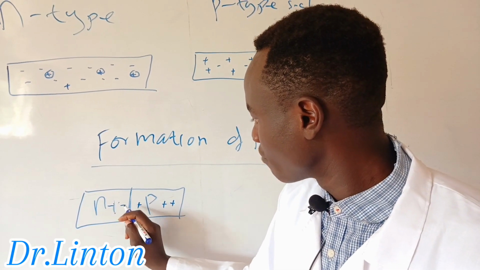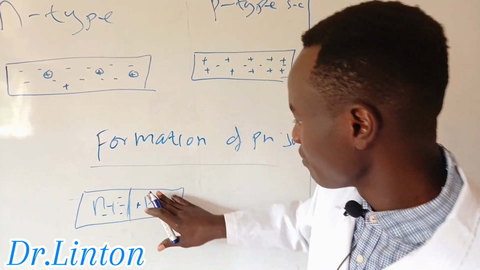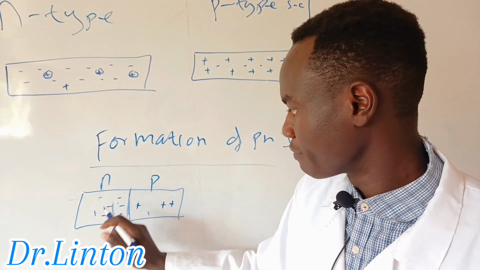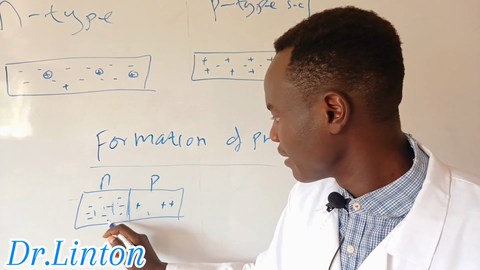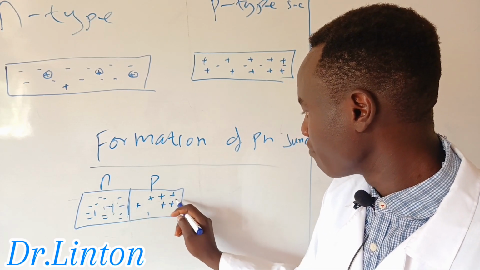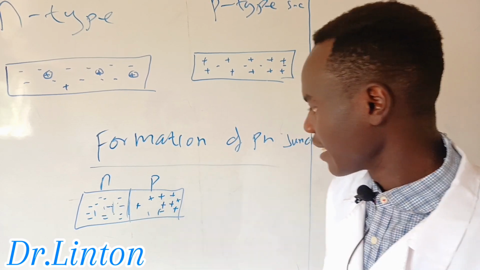Let me represent this side as P and this side as N. Here electrons are the minority charge carriers, and here holes are the majority charge carriers.